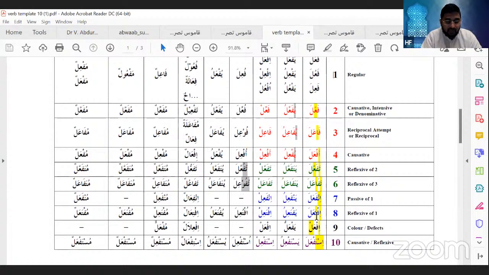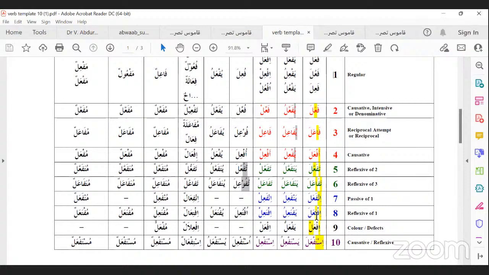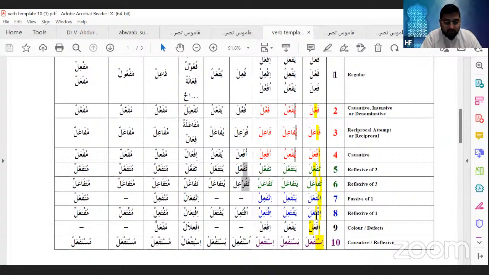The fa comes with a meaning of explaining. Fajtama'a. So because you put the fa in the beginning, then the alif is dropped? The alif is there, it just becomes silent. Oh, it becomes silent. Okay. Yeah.